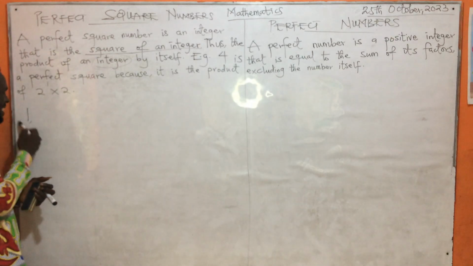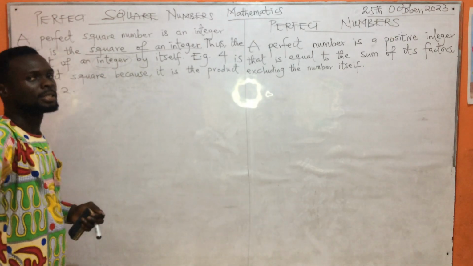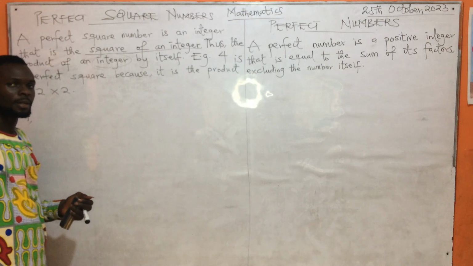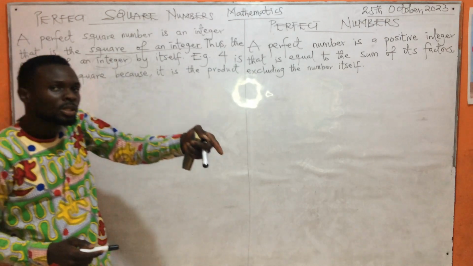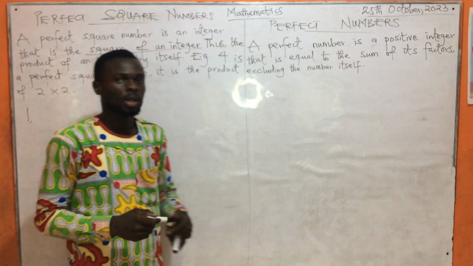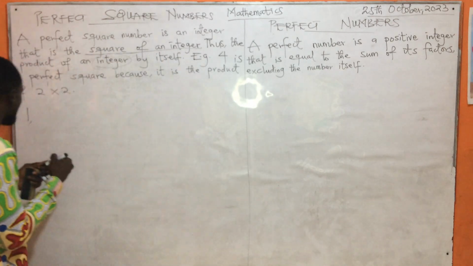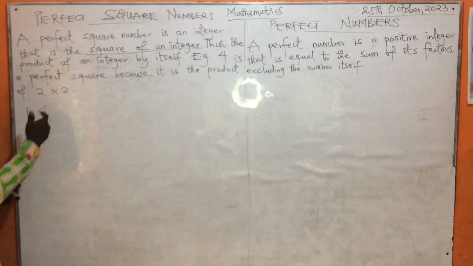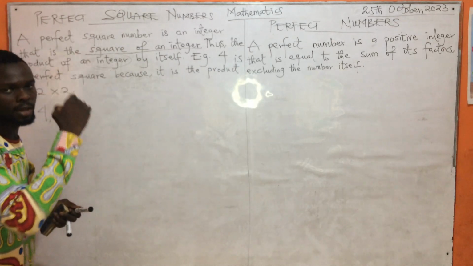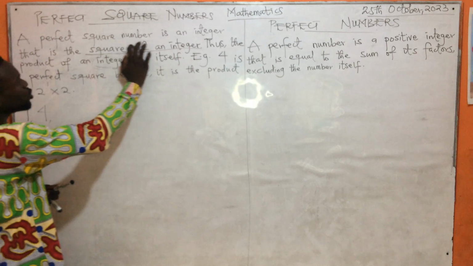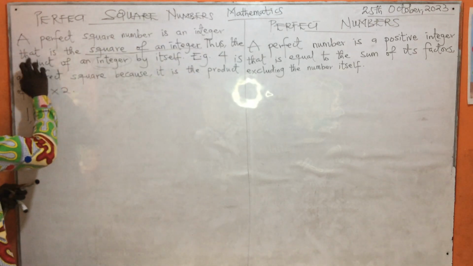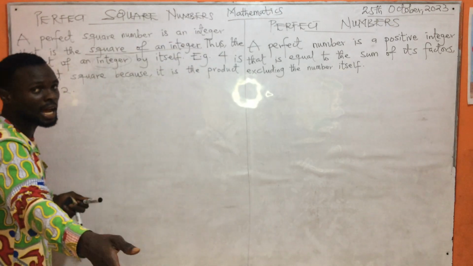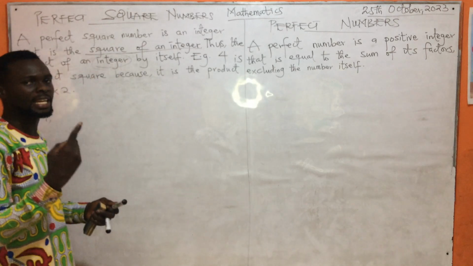Because it is the square of a number, which is an integer. Now, if I go to 2, the next counting number, 2 times itself will give you 4. So the 4 is a perfect square. Why? Because a perfect square number is an integer that is the square of an integer.